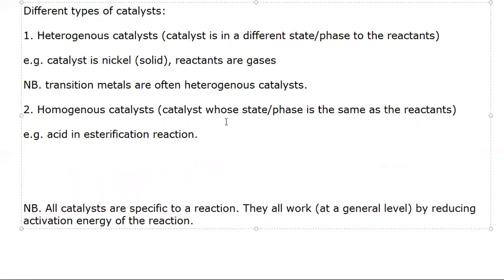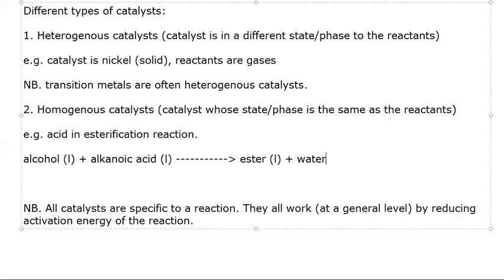So you might remember for an esterification reaction, we had our alcohol, which is a liquid, plus our alkanoic acid, which is also a liquid, and it reacts to form your ester, which is often a liquid as well, plus water.